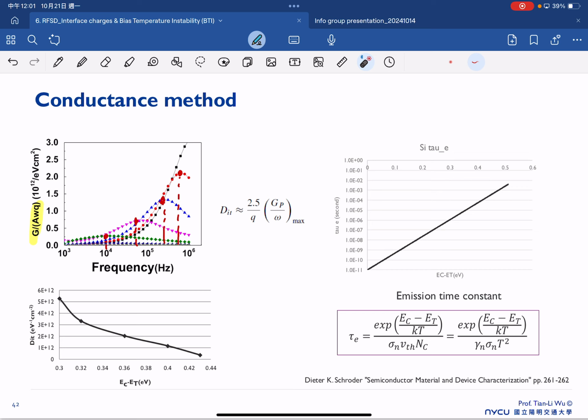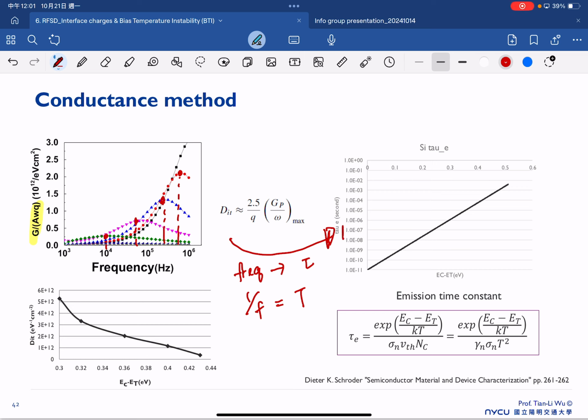So now we have the frequency, and the frequency can be converted to the time constant, because 1 over frequency equals t, so t is a time constant. So now we can convert this to the tau here.